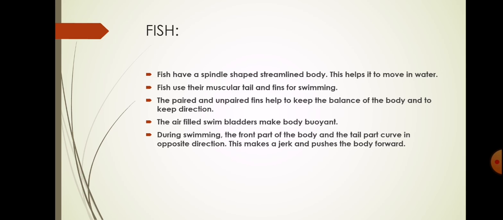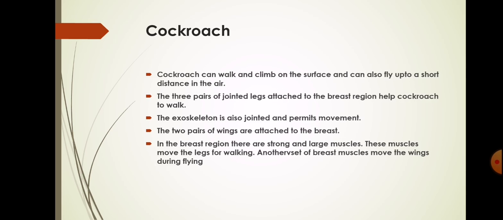So when the front part moves, the tail part of the fish moves in the opposite direction, which gives a jerk to the body of the fish. Because of that jerk the body of the fish pushes itself in a forward direction, and because of that the fish is able to swim in the water.